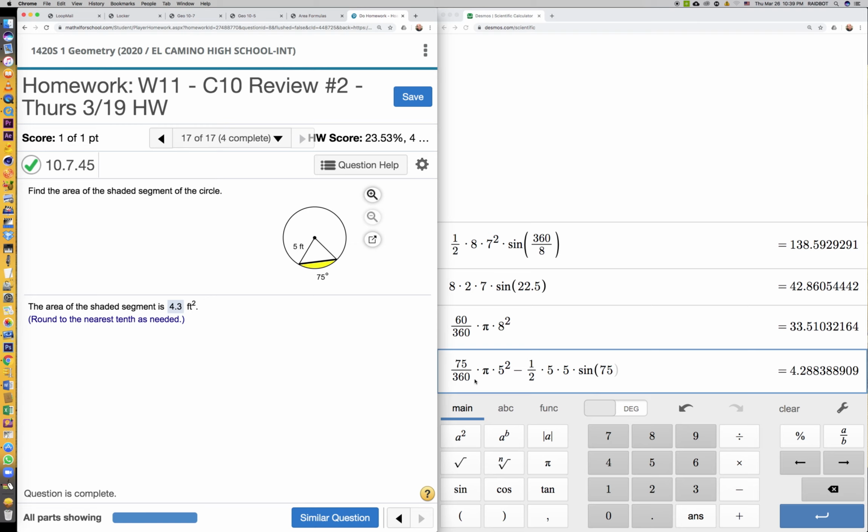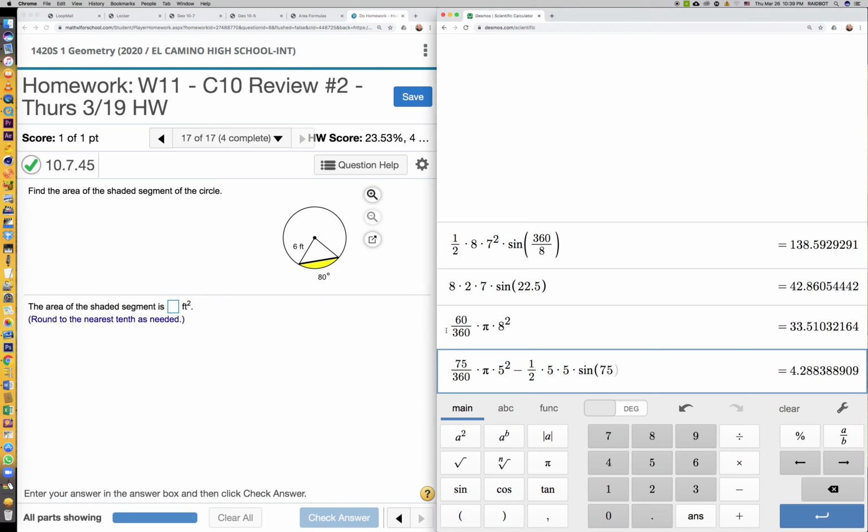Since I have a decimal calculator, I can do a similar question, and I just revise my values in the formula. So I click similar. Now we got a diagram very similar to the previous one, but the numbers are different. The measure of the arc of the sector is now 80 degrees, so I change to 80 degrees.